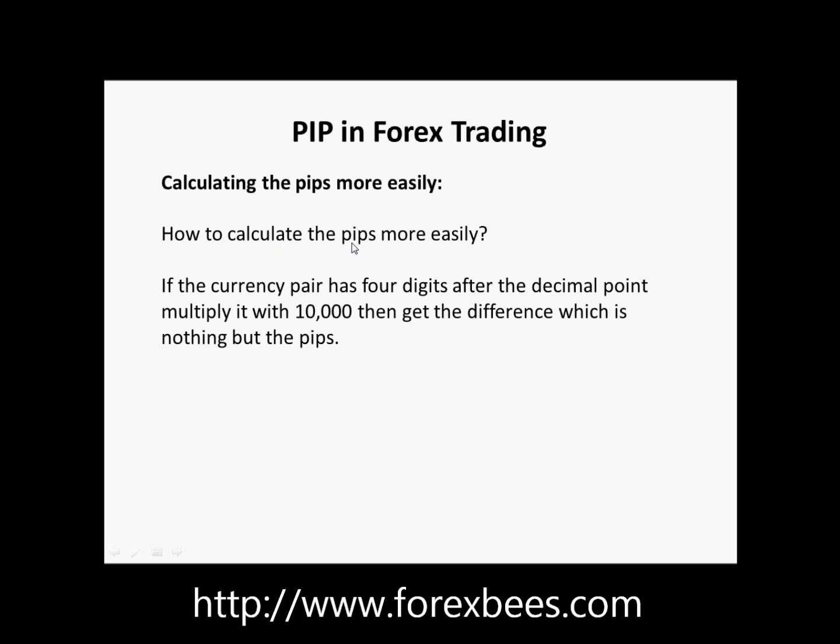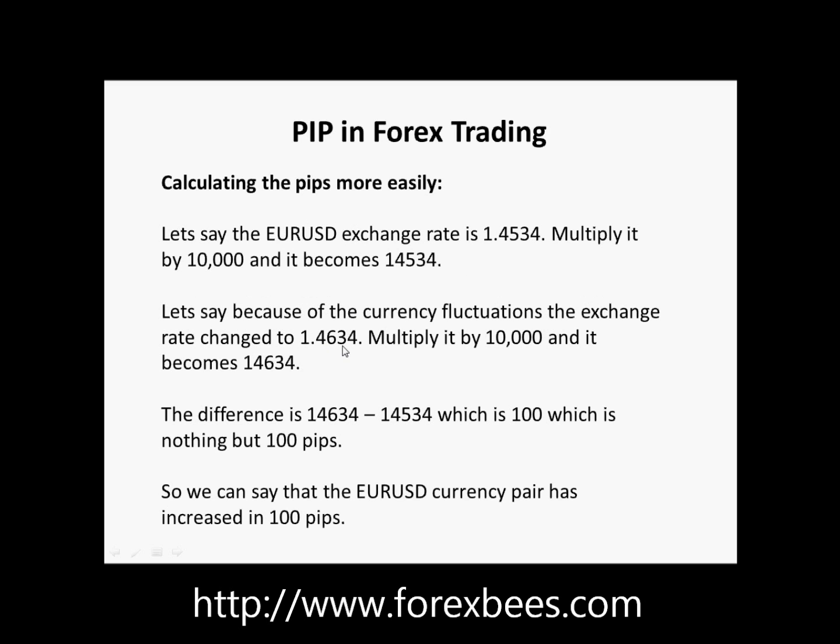How to calculate the pips more easily? If the currency pair has 4 digits after the decimal point, multiply it by 10,000, then get the difference, which is nothing but the pips. Let's say the Euro US dollar exchange rate is 1.4534. Multiply it by 10,000 and it becomes 14,534.